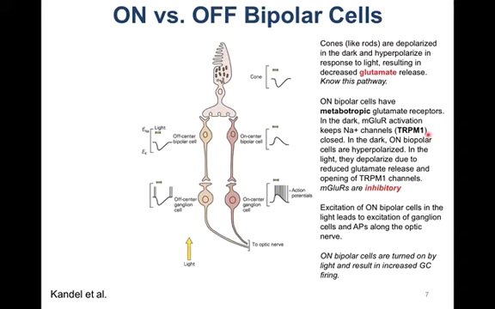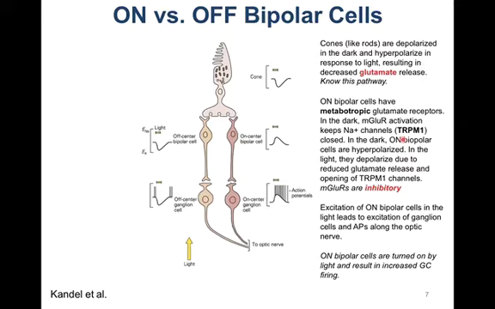So when glutamate levels are high in the dark and mGluR activity is high, the alpha subunit of mGluR inhibits yet another TRP channel called TRPM1.